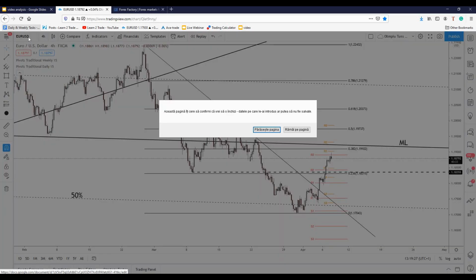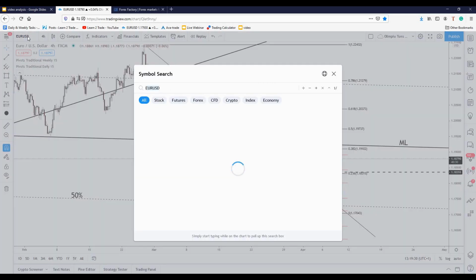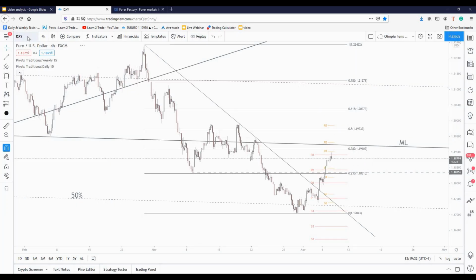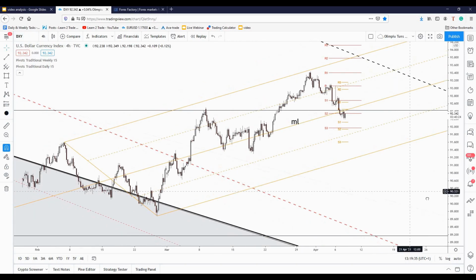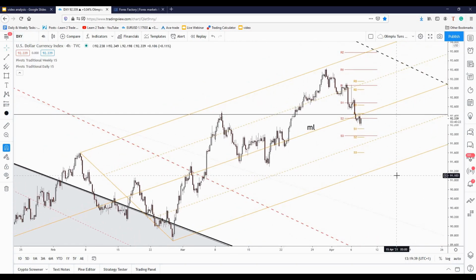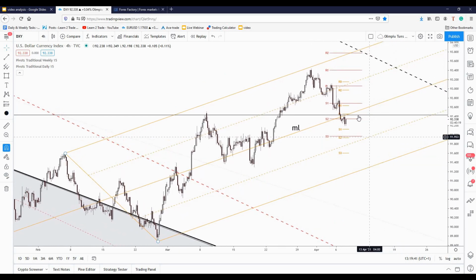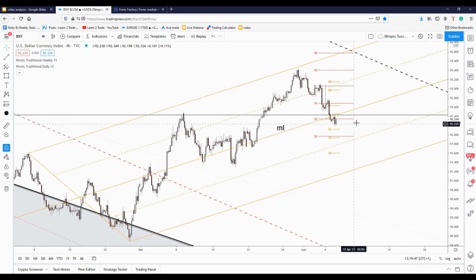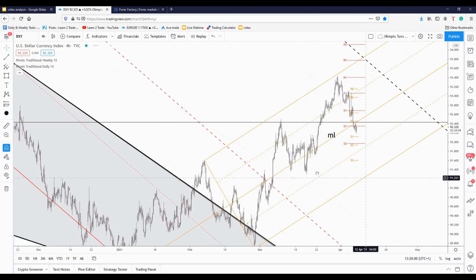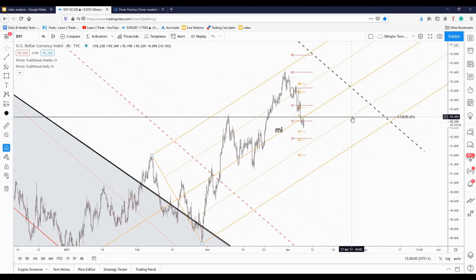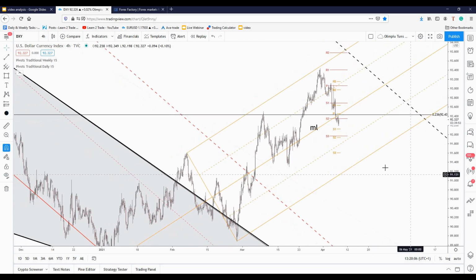Okay, let's take a look also, sorry guys, on the US dollar index. And as I've told you yesterday in my weekly live webinar, the dollar could continue to depreciate, could continue to decrease versus the euro. So the euro versus the US dollar could increase if the index will drop below this medium line and right below the 23.6 retracement level.